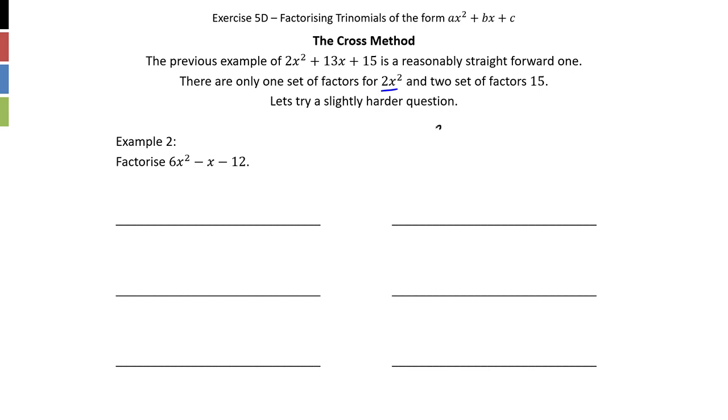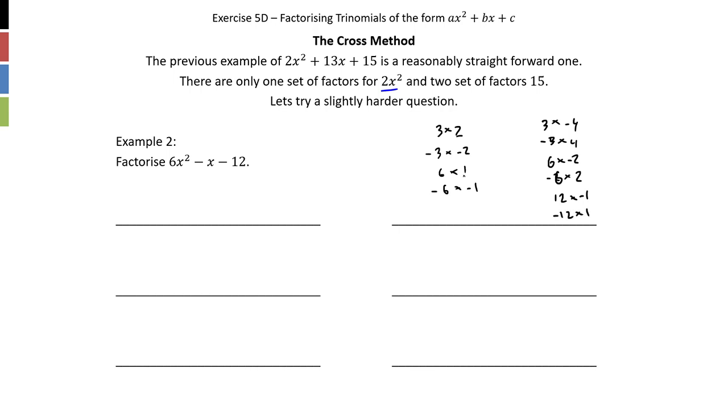So 6, we can have 3 times 2, negative 3 times negative 2, 6 times 1, negative 6 times negative 1. And then our 12 is even worse because it's a negative number. To get 12, we can have 3 times negative 4, or negative 3 times positive 4, 6 times negative 2, or negative 6 times 2, or 12 times negative 1, or negative 12 times 1.